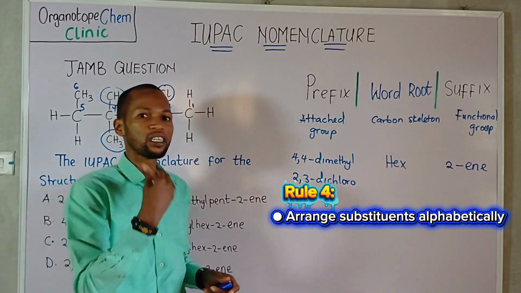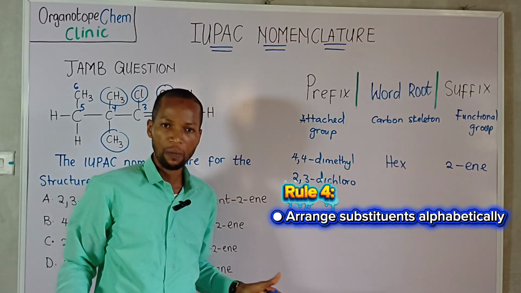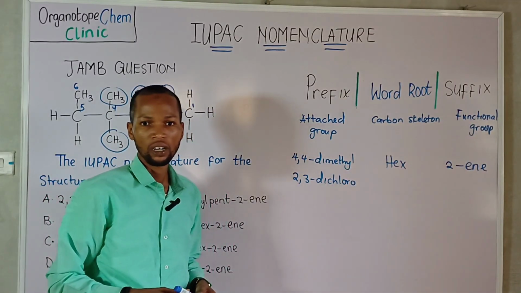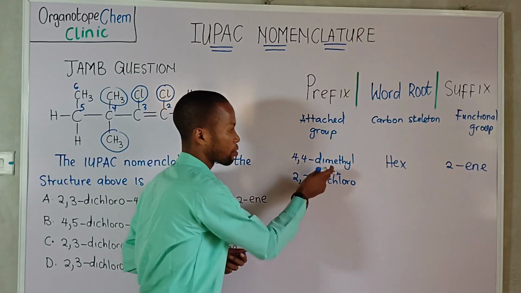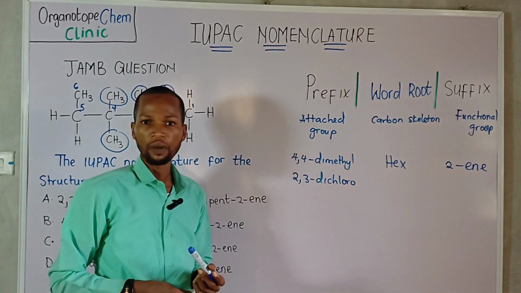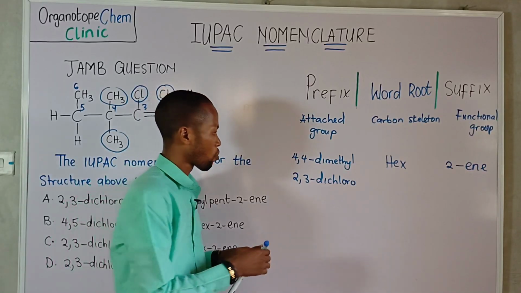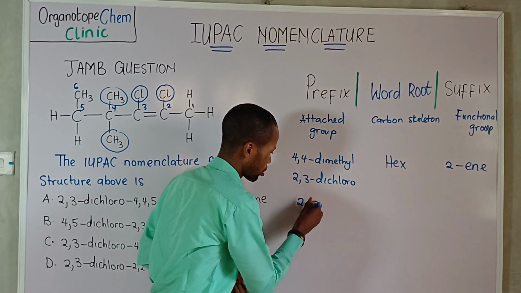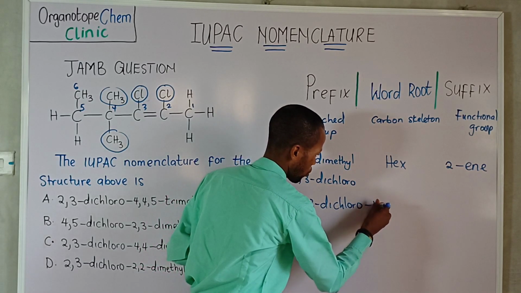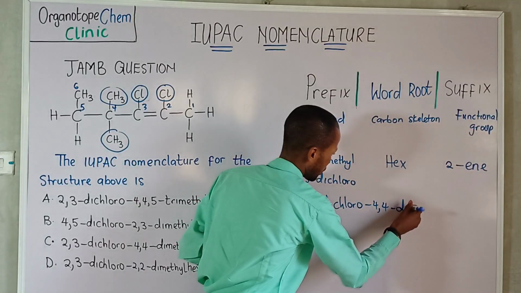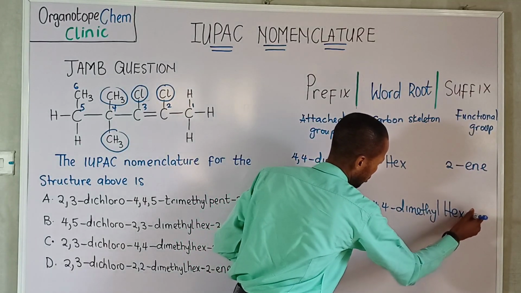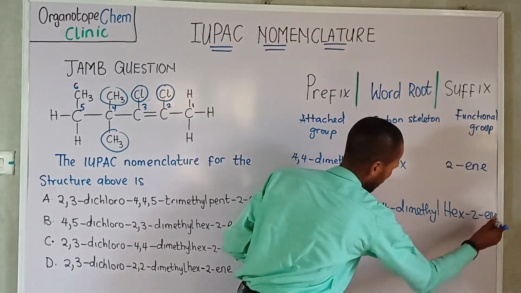Rule number 4. We are to arrange the substituent groups in alphabetical order. So we have chloro before the methyl. Okay? So the C comes before M. Since C comes before M in alphabetical order, we have 2,3-dichloro-4,4-dimethyl-hex-2-ene.